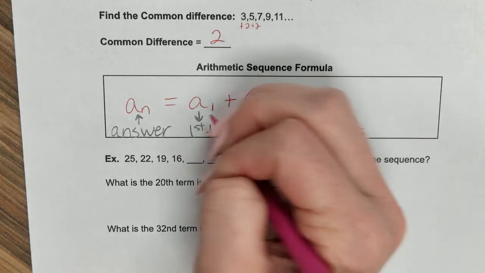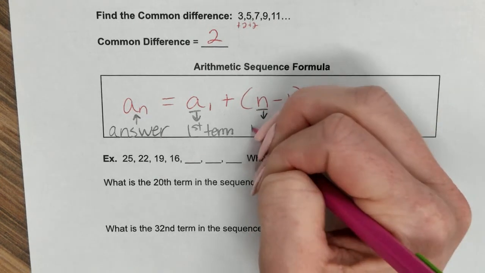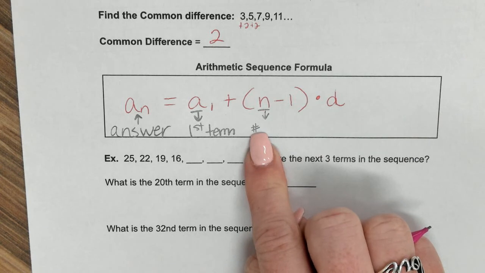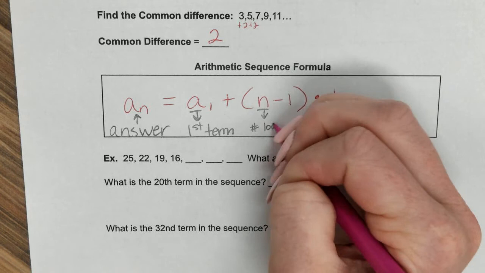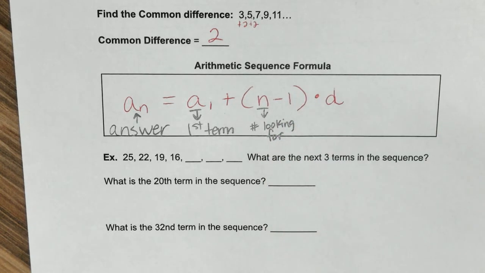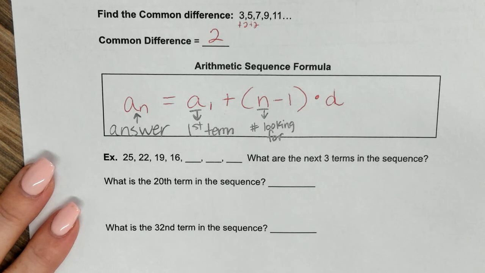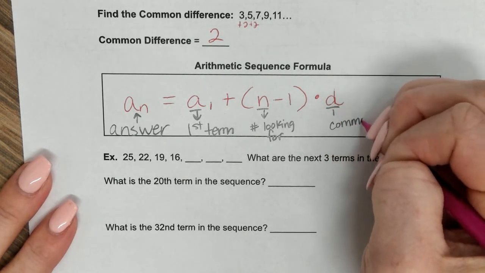This piece right here, n, is the number that you're looking for. And y'all know I make a little hashtag sign to stand for number. It's the number you're looking for. And then what do y'all think d stands for? We just learned it. Look at the top of your notes. The common difference.